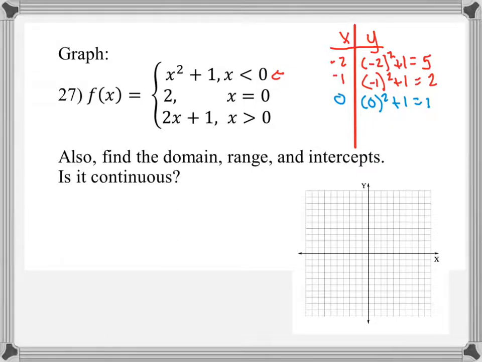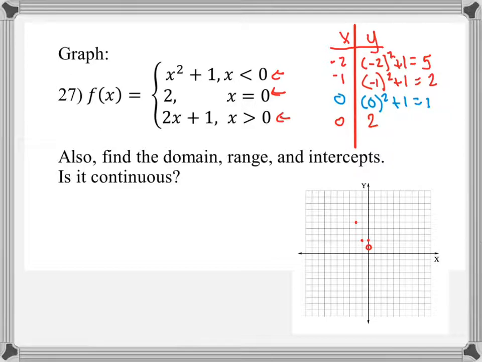I'm going to plot points, so (-2, 5), (-1, 2), and I'm going to put an open circle at (0, 1), so that part is not included. Let's look at the second definition part. So this is only defined for one value of x. X is 0. When x is 0, y is 2. So we will plot that point, (0, 2).